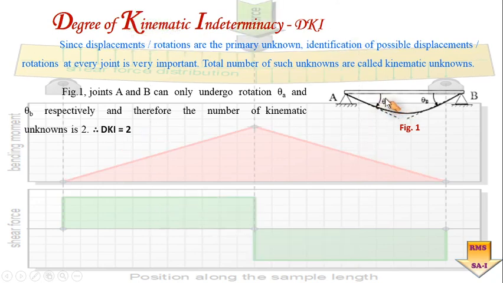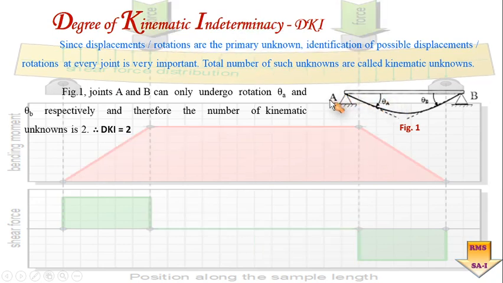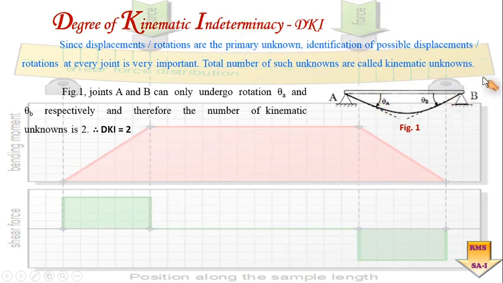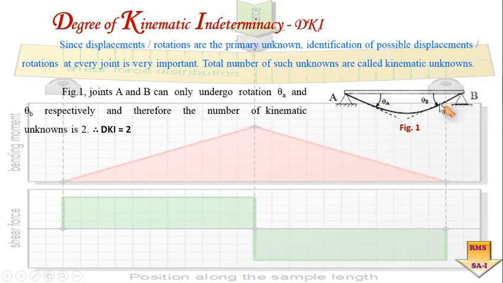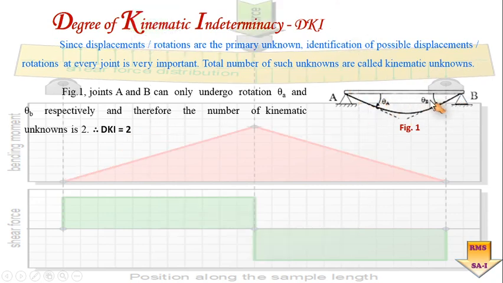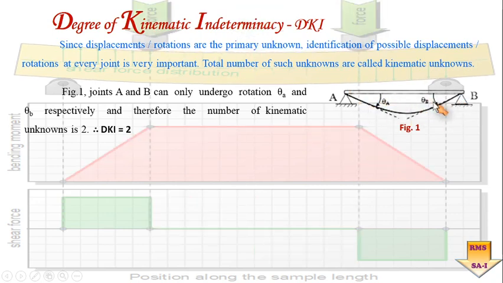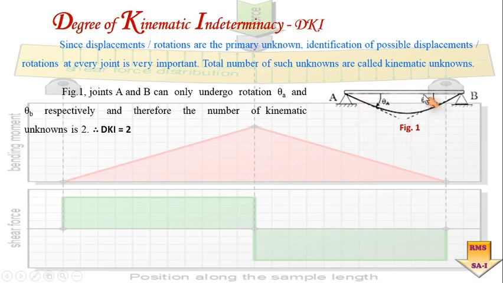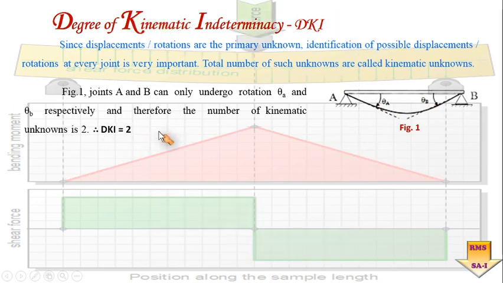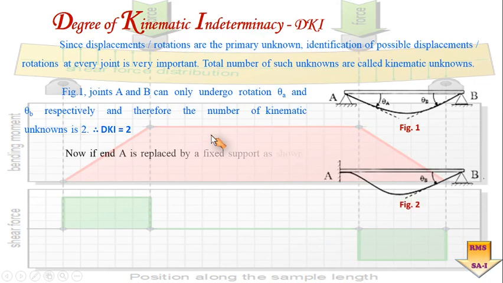So the displacement at joint A due to the presence of the hinge is equal to theta A. Similarly, it happens about point B. Being a hinge, it allows a rotation of magnitude theta B. So in this first example, there are two rotations occurring, theta A and theta B. As two rotations means two displacements at A and B, the degree of kinematic indeterminacy comes out to be equal to 2.